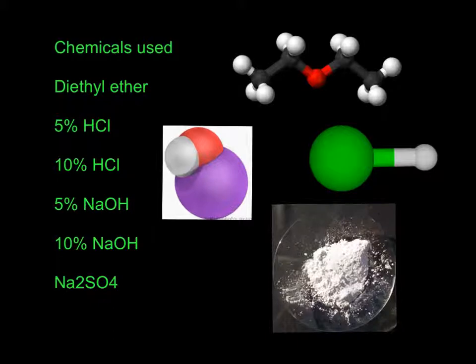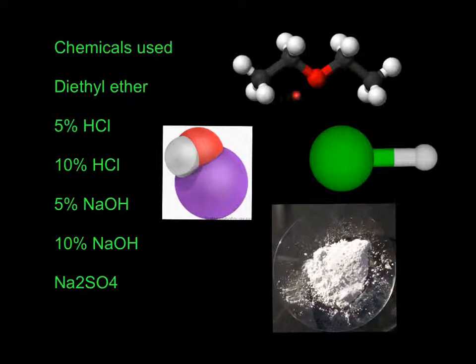So now let's talk about what kind of chemicals we used in this lab. The most important thing is the solvent. The solvent used in this lab was diethyl ether. Diethyl ether is a colorless liquid, and its boiling point is 34.6 degrees Celsius.